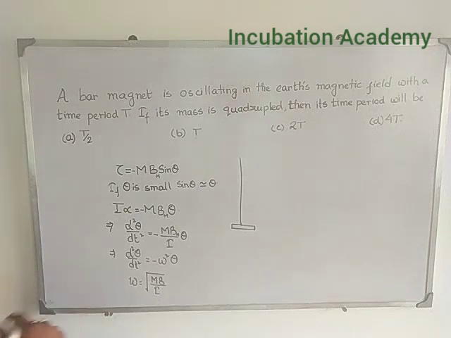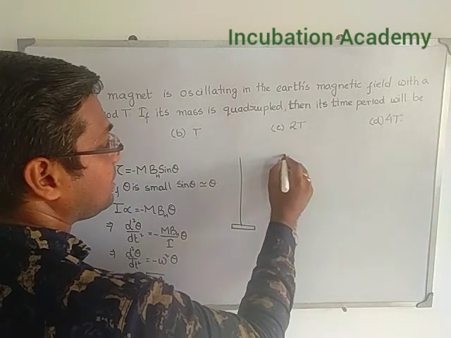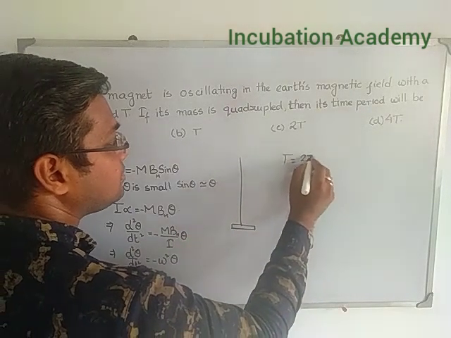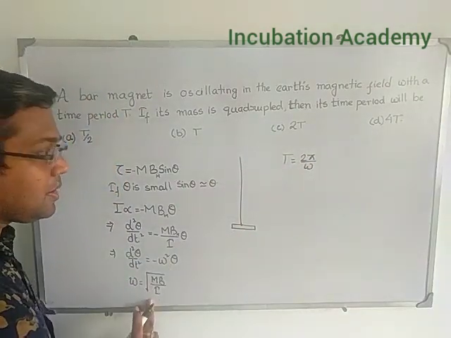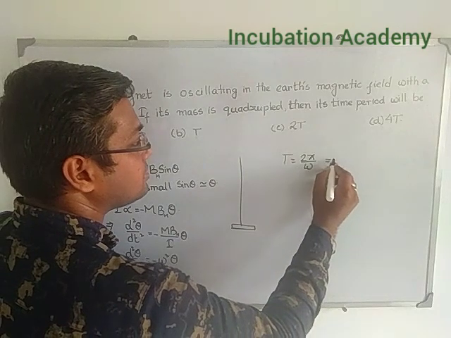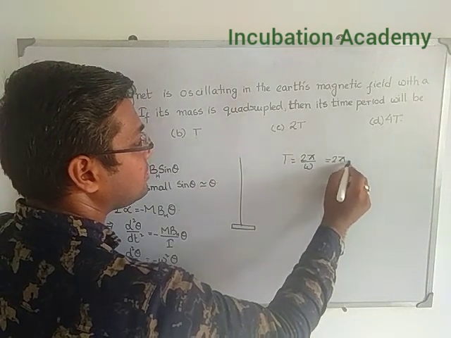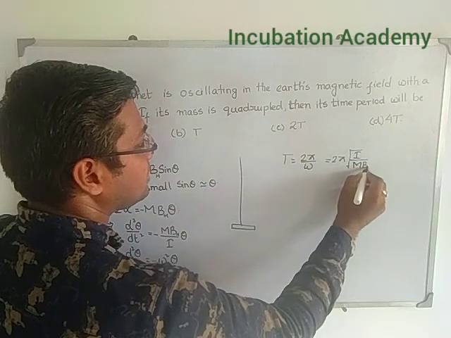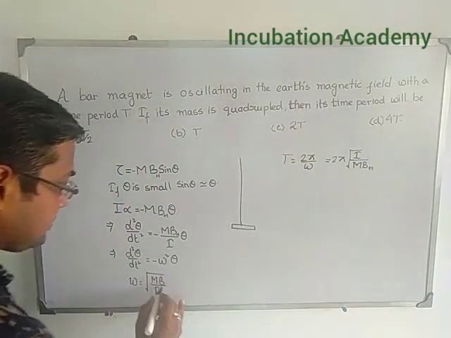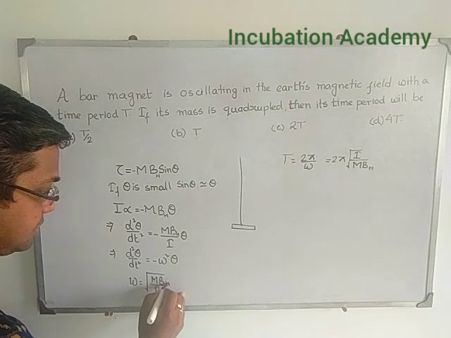If it is omega, then capital T is equal to 2 pi divided by omega. Omega equals root over MB by I. So it will be T equals 2 pi root over I divided by M into BH. Here it will also be H.